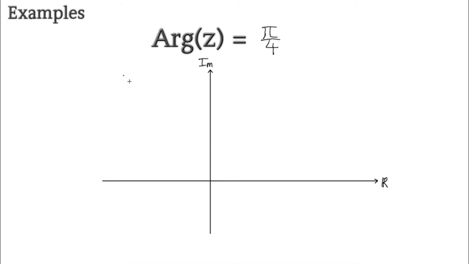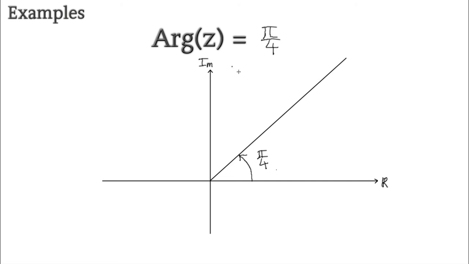So if a line has argument z equal to pi on 4, then you will have a line pointing up pi on 4 away from the real axis in the anti-clockwise direction. So this angle has to be pi on 4. This will be the line defined over here.